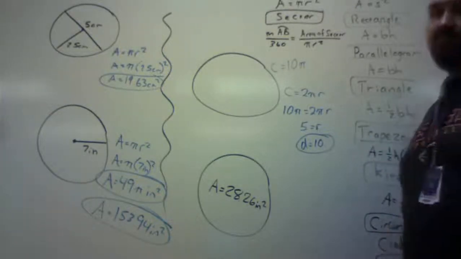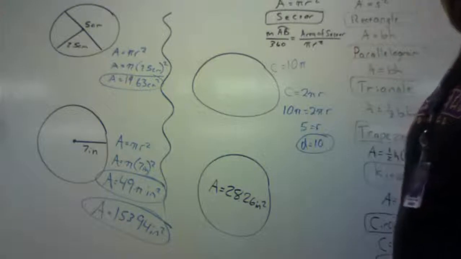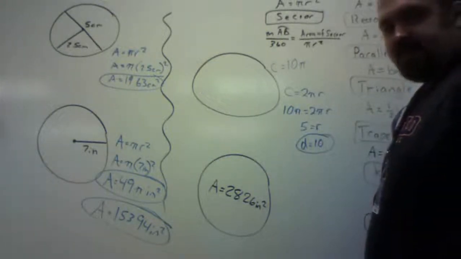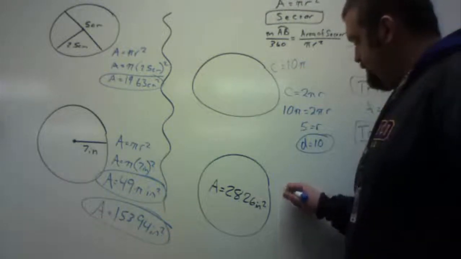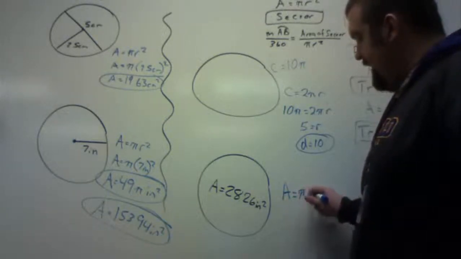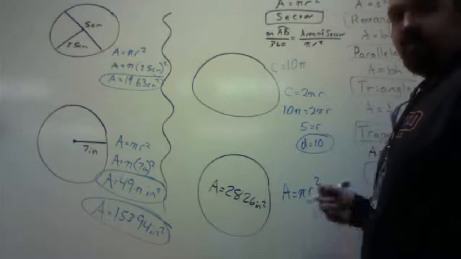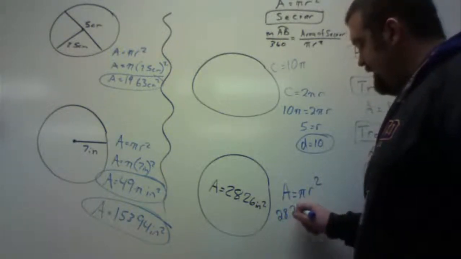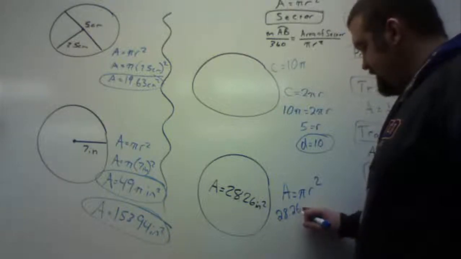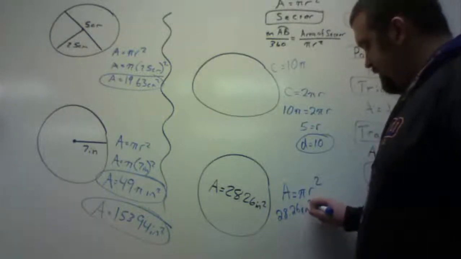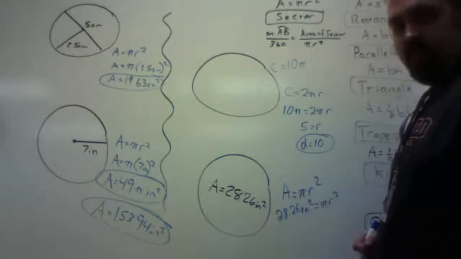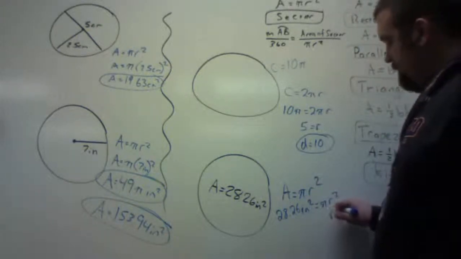Alright, but for the next problem here, I tell you that the area is 28.26 inches squared. So this one you know right away to throw down A equals pi r squared. Try to find r first, so I know the area is 28.26 inches squared equals pi r squared. First thing I have to do, divide both sides by pi.